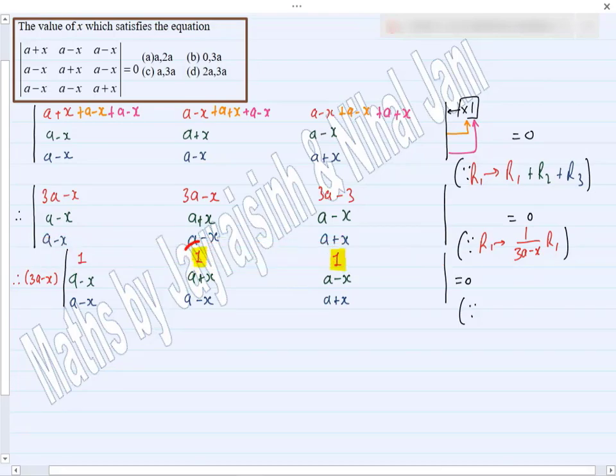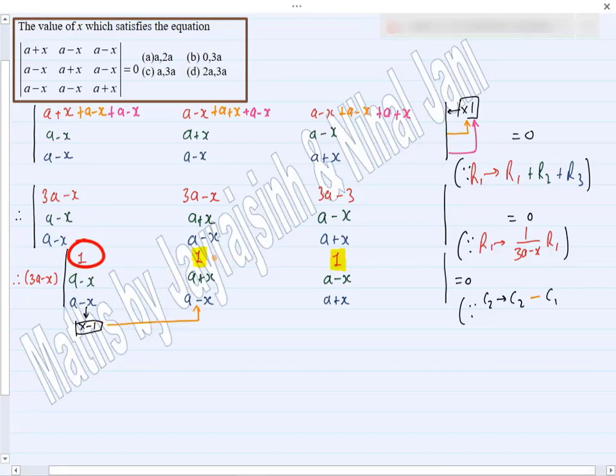Let's try to get 0 at A12 and A13 position using the first column. So the second column should be converted into second column minus first column. So we have to multiply the first column by minus 1 and add it into the second column.